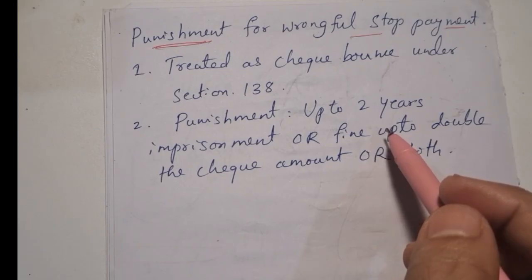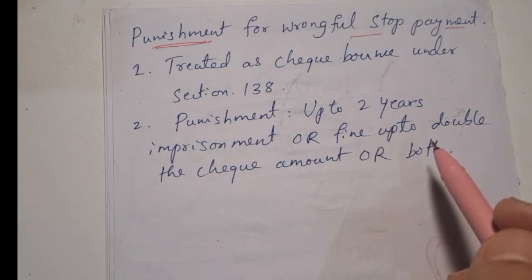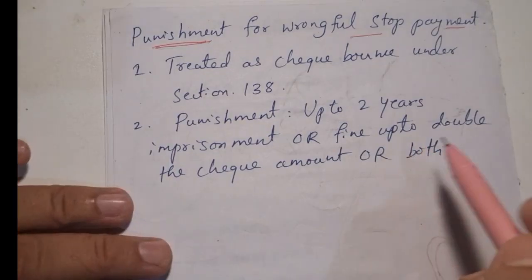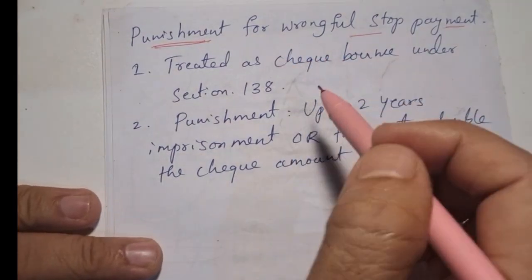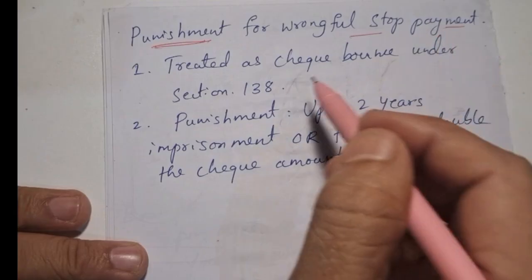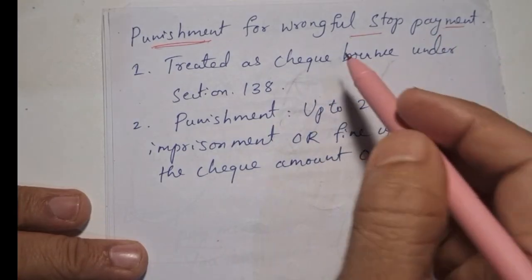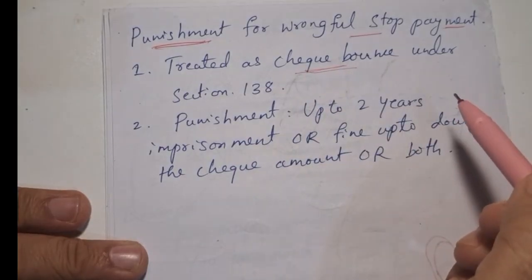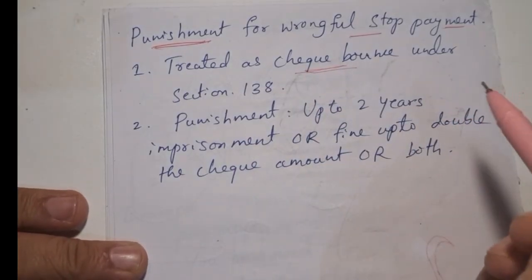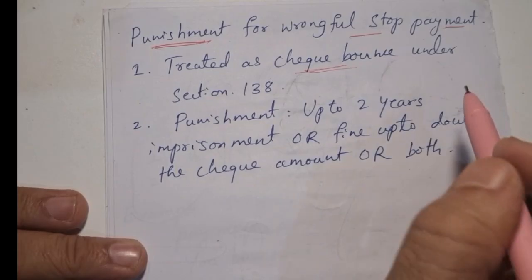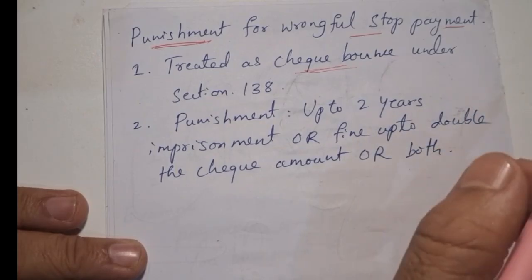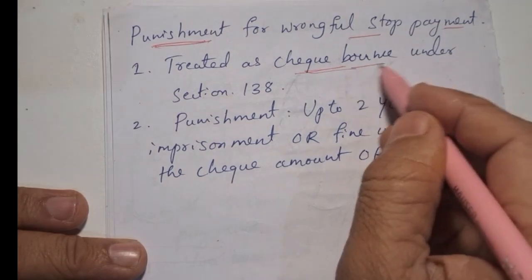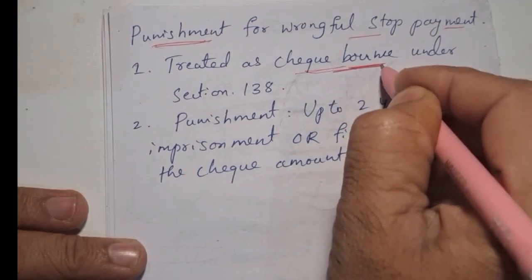And after that, there is again a fine and the interest which you are going to pay to the complainant. So first of all, whenever a wrongful stop payment is given to a check, it is going to be treated as check bounce. Many people think that check bounce is only when there are insufficient funds, and if it is not going to clear due to insufficient funds, that is check bounce. It is not like that.